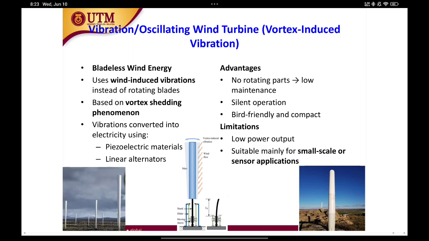This one is another not so popular technology because the power produced is not very strong. This is a bladeless wind turbine. Basically you have a tube that vibrates, producing electricity. It uses wind-induced vibration instead of rotating blades, based on the vortex shedding phenomenon. So there is no rotating part, silent operation, bird friendly and compact.